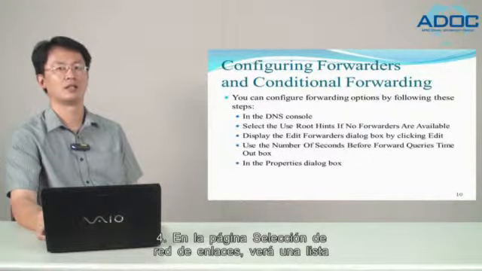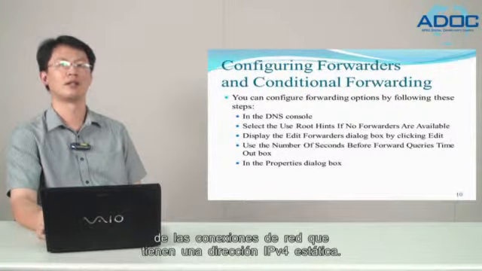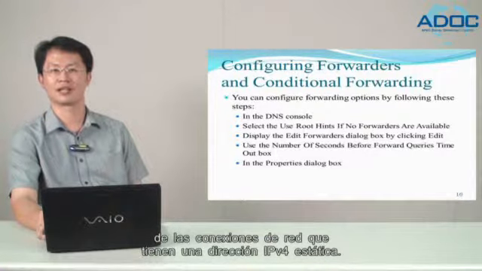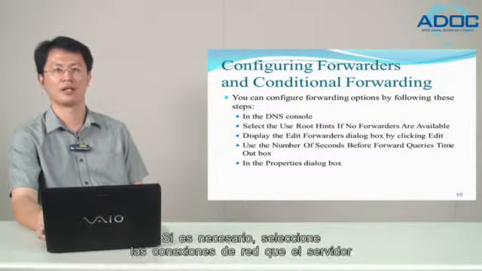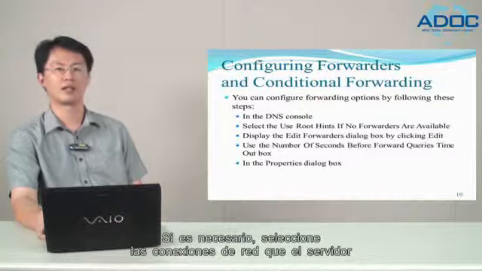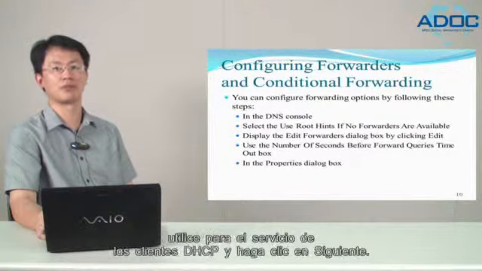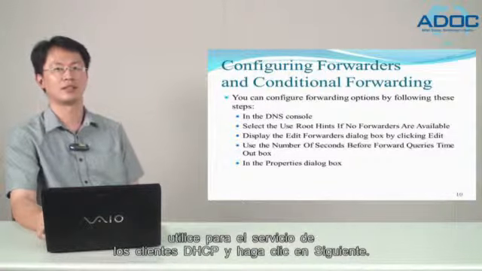Fourth, on the Select Network Binding page, you will see a list of network connections that have a static IPv4 address. As necessary, select the network connections that the server will use for servicing DHCP clients and then click Next.